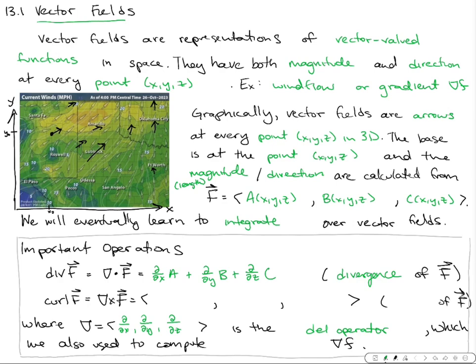The second operation we need to be able to calculate for a vector field is denoted by curl f. That's del cross f, so this is going to be a cross product. I'm going to write the formula here, and if you're more comfortable with the determinant way of computing cross products, that's how I'm going to show it to you in the example. When you compute this cross product, you're going to get dc dy minus db dz, and then dA dz minus dc dx, and then dB dx minus dA dy.